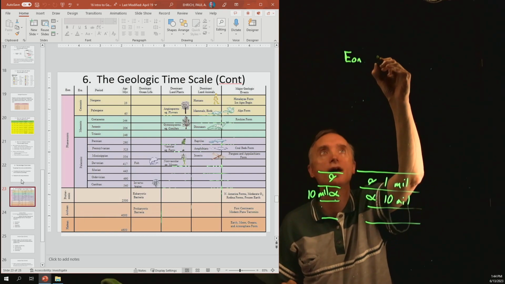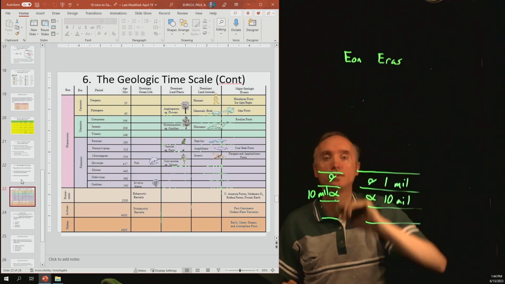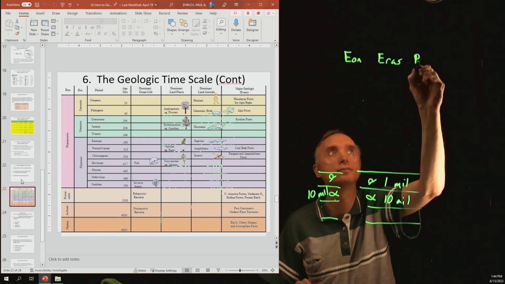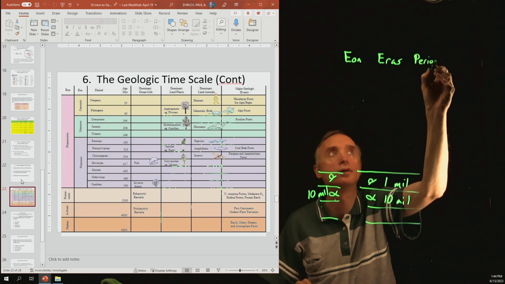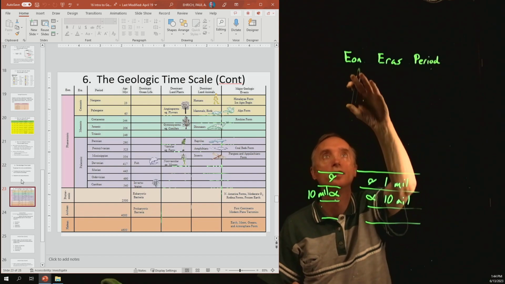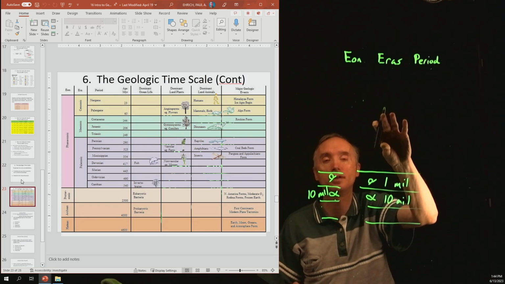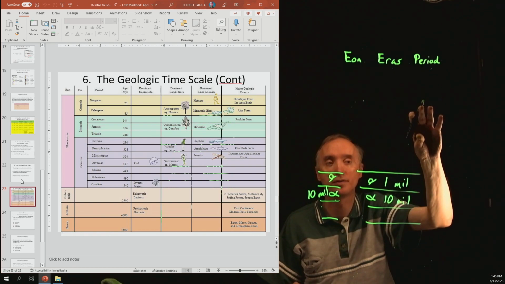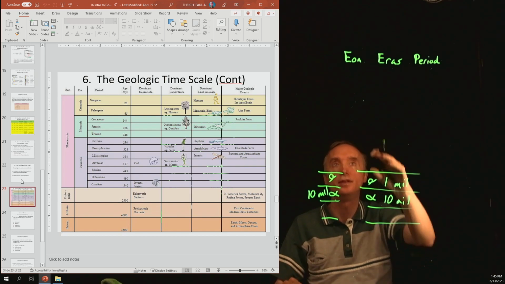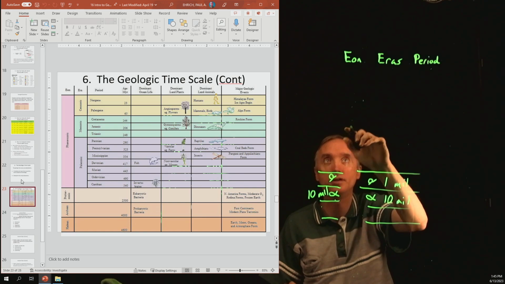Then next to that is the eras, and then next to that is the periods. Now we're not going to worry so much about the periods, but I just want you to remember the broadest categories are the eons, next broadest is the eras, and then the next broadest is the periods.